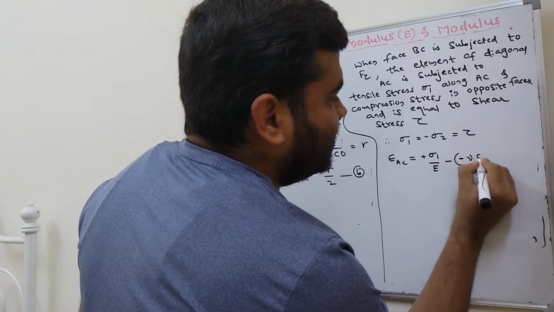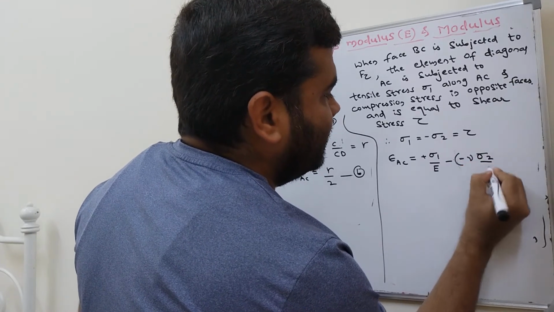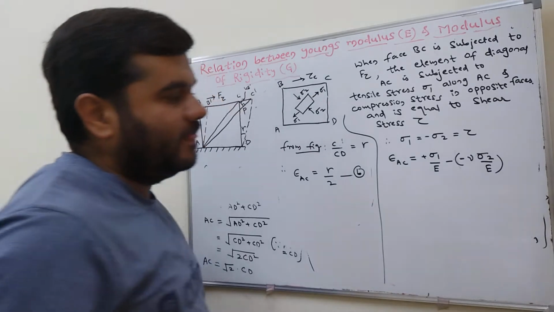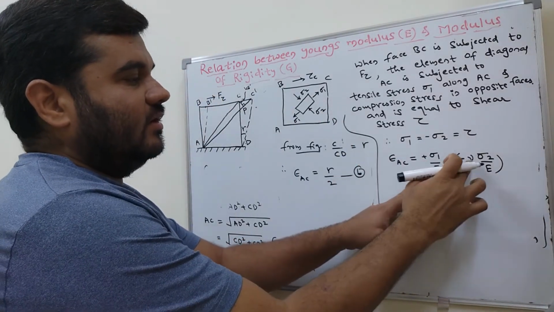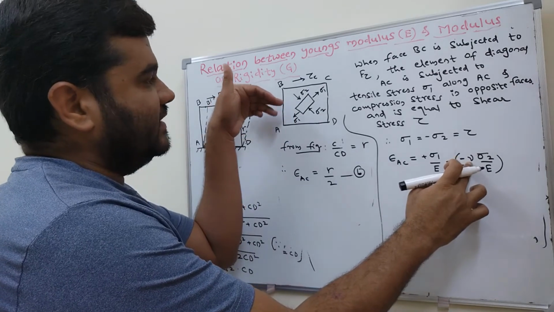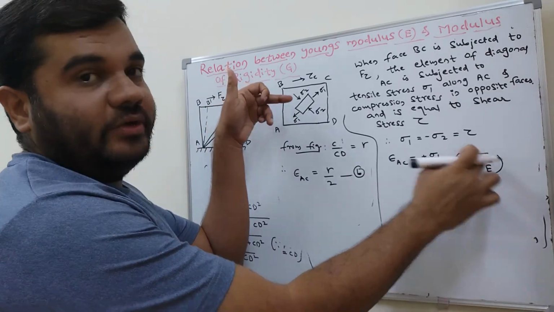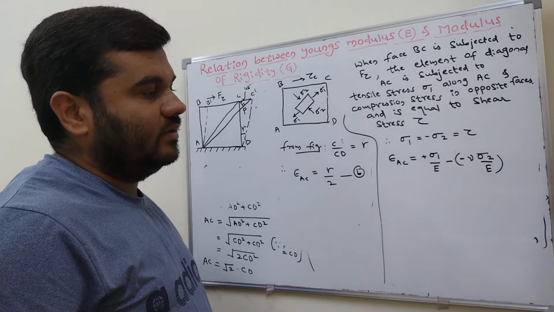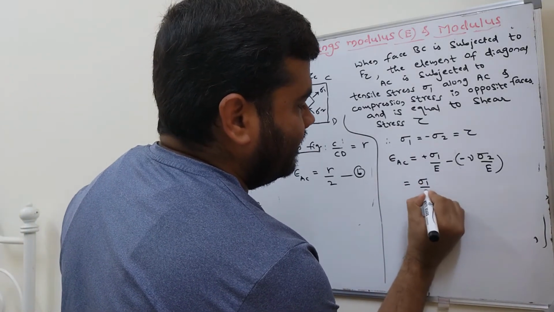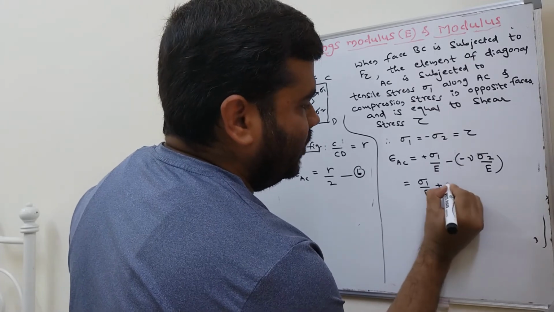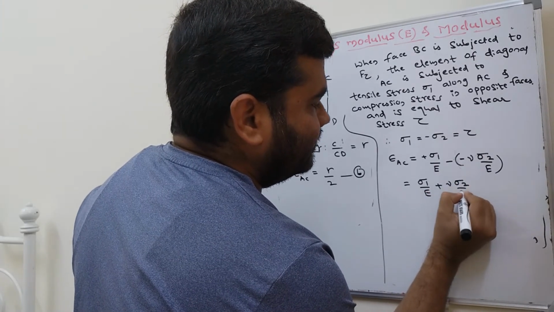This will be equal to sigma 1 by E plus nu into sigma 2 by E.